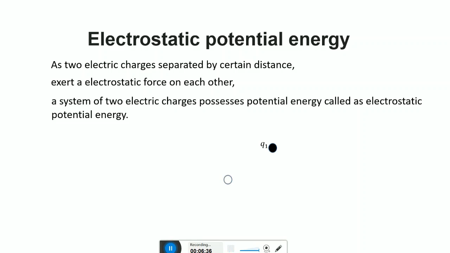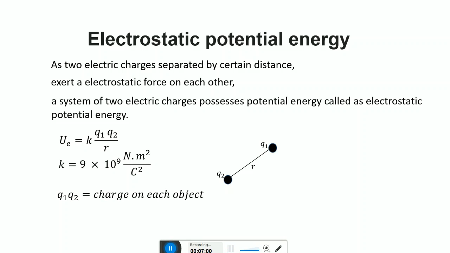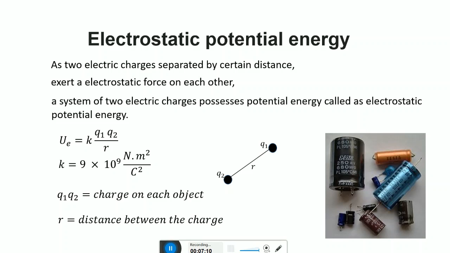If Q1 and Q2 are the two charges separated by a distance r, then electrostatic potential energy is equal to k times Q1 Q2 by r, where k is called the Coulomb constant having value 9 times 10 raised to 9 newton meter squared per coulomb squared. Q1 and Q2 are the charges on each object, r is the distance between the charges. A capacitor stores electrostatic potential energy.